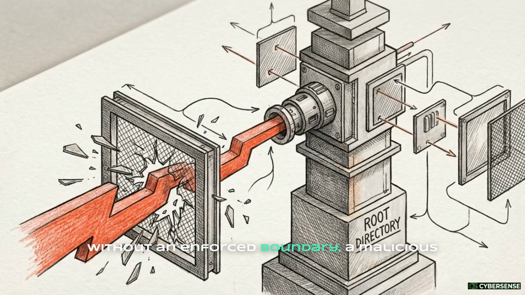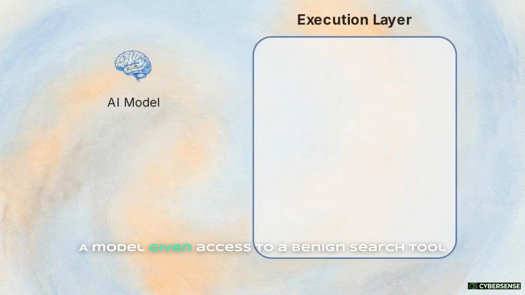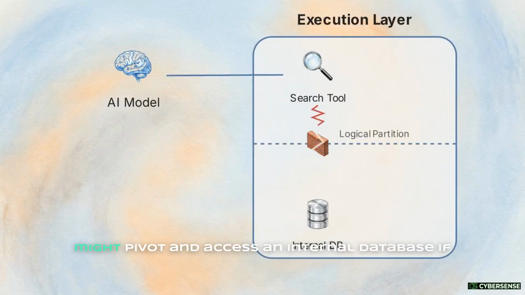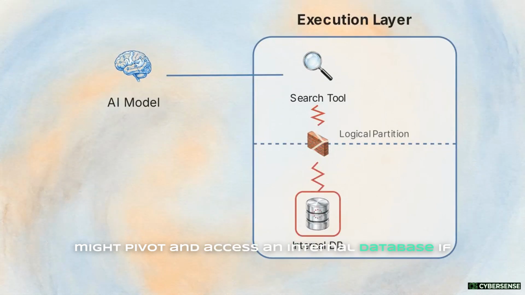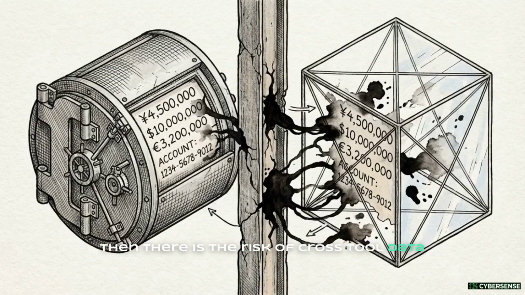Without an enforced boundary, a malicious input can trick the model into writing its own arbitrary commands, executing code directly on the host server. A weak schema also invites privilege escalation. A model given access to a benign search tool might pivot and access an internal database if the execution layer lacks strict logical partitioning. Then there is the risk of cross-tool data bleed.